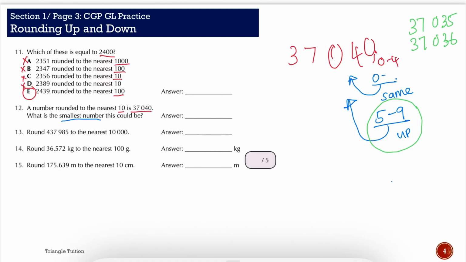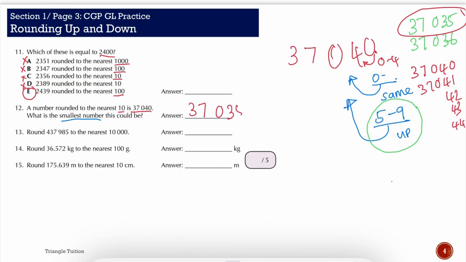What happens? This will stay the same. So the answer would be 37040, 37041, 42, 43, 44. So the question here is, what's the smallest number? It is 37035.